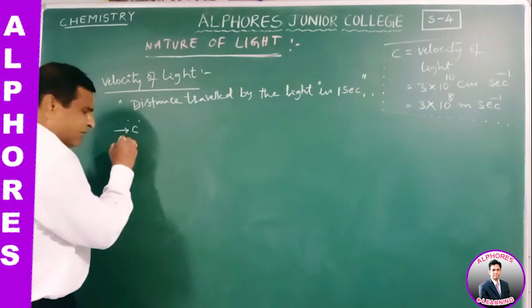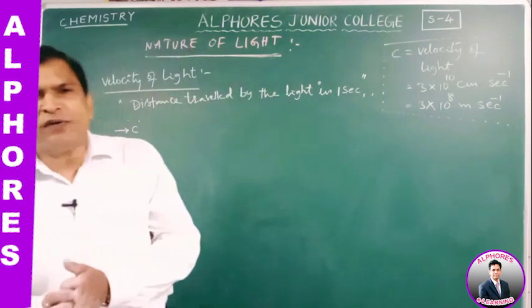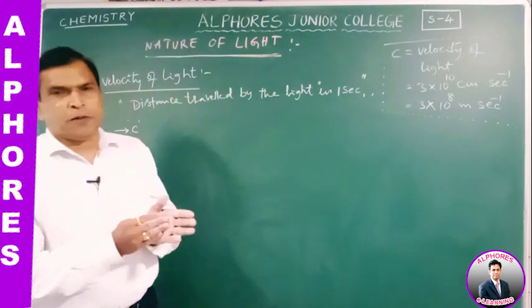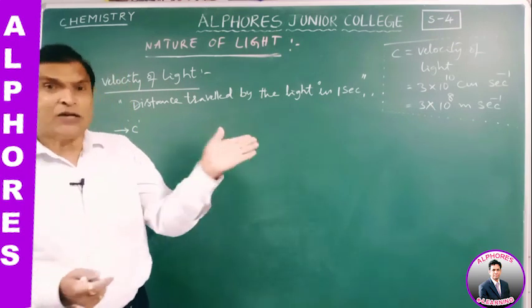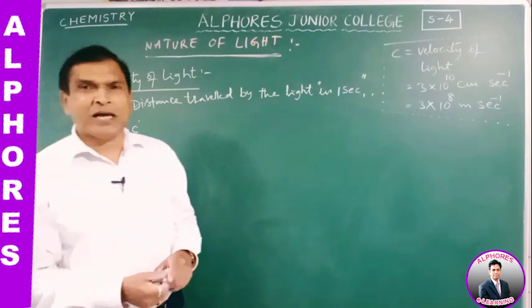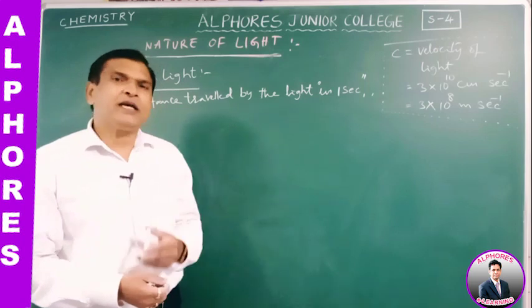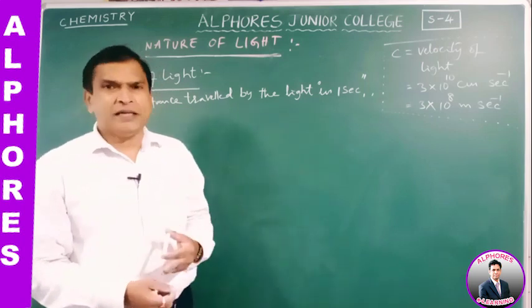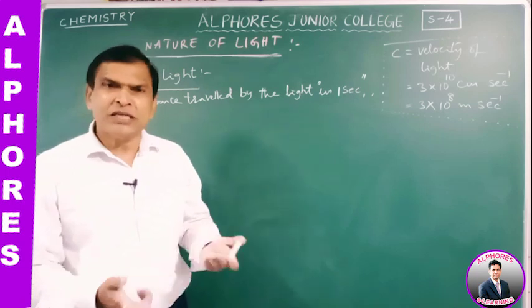Okay, then the question arises, we have different electromagnetic radiations. Just now we had that discussion about electromagnetic light, various kinds such as gamma rays, X-rays, UV rays, visible light, infrared light, microwaves and TV waves.